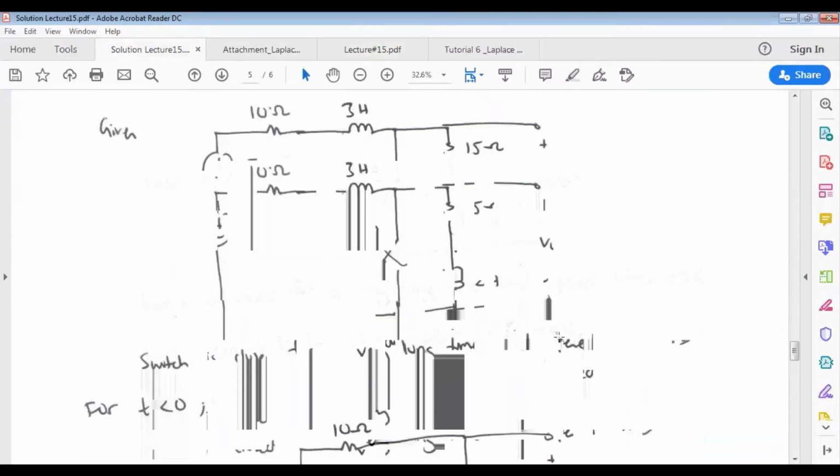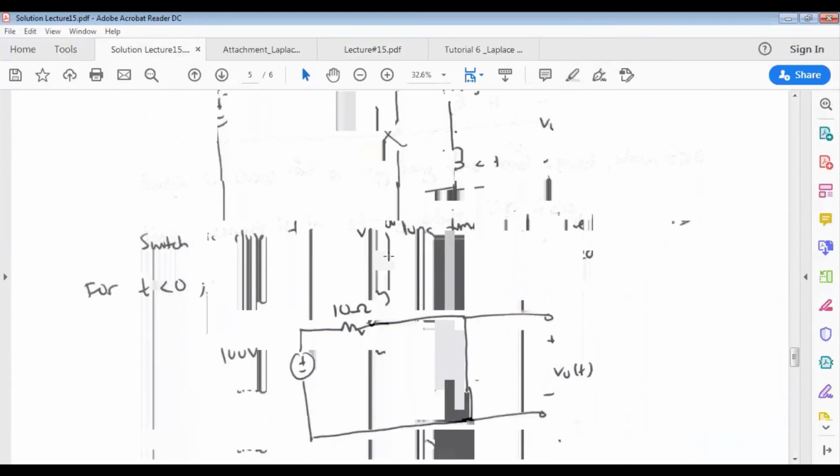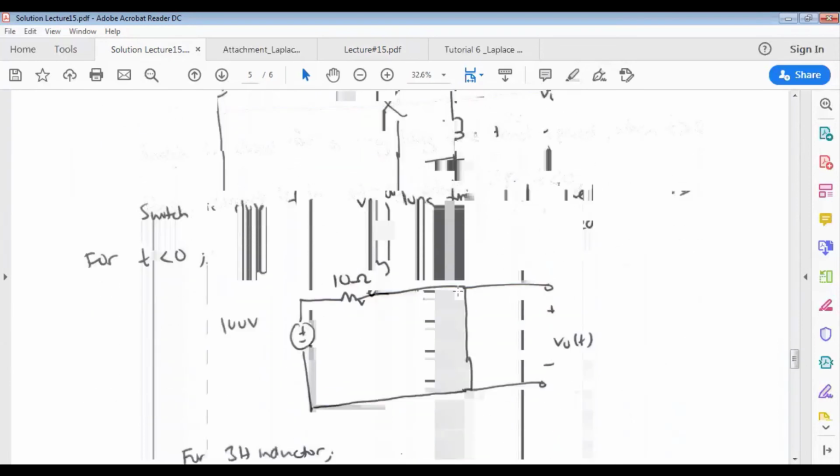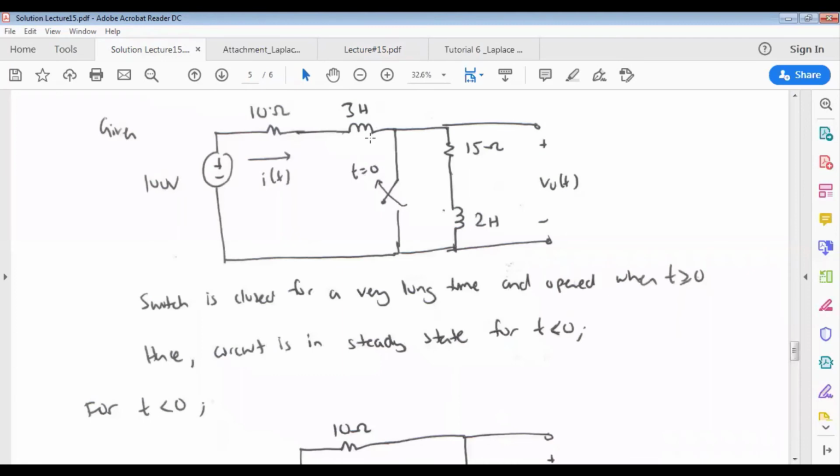For the case of t less than 0, your circuit will look like this, because when t is less than 0, the circuit is said to be closed. We know that in a steady state condition, which is for t less than 0, the inductor will be a short circuit.